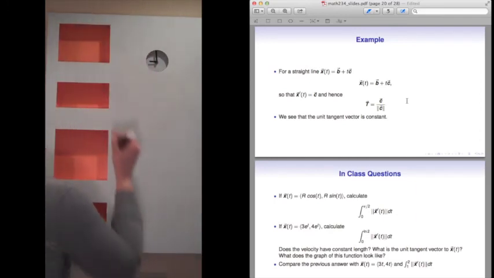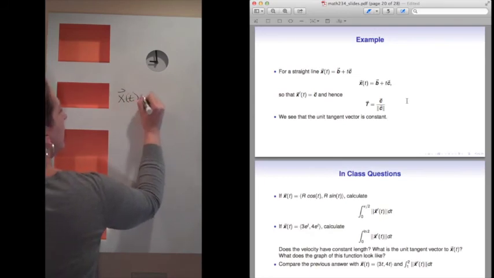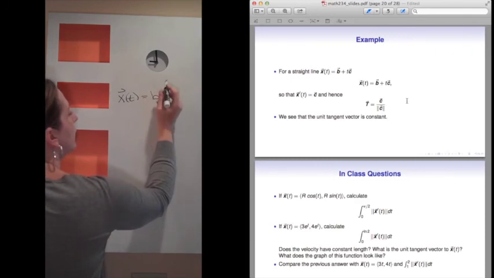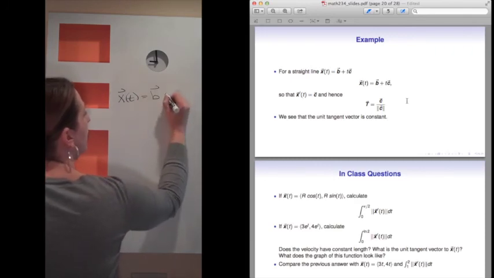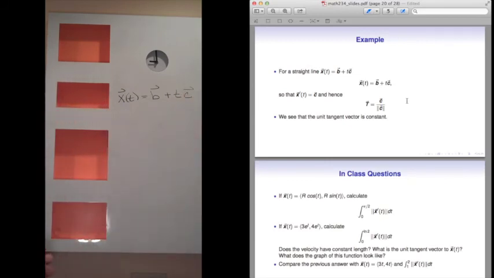Let's suppose that our curve here, x of t, is going to be some fixed vector b plus t times some fixed vector c, right? And we learned that this actually will trace out a line.